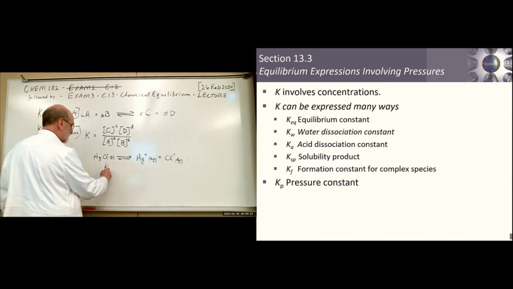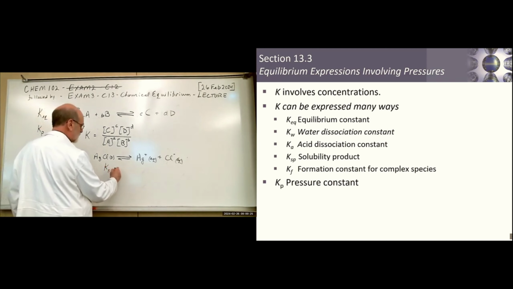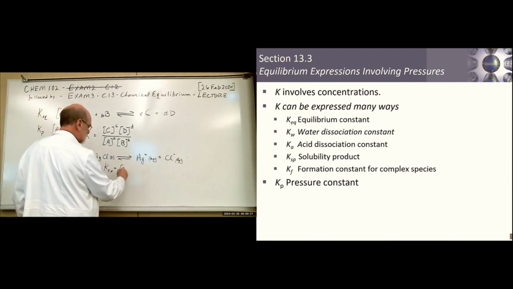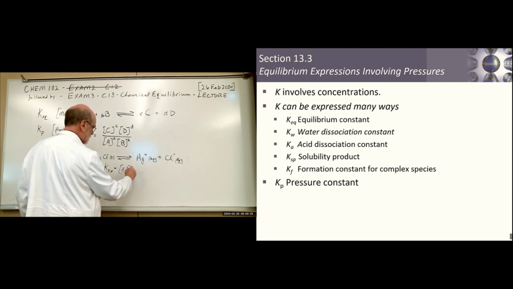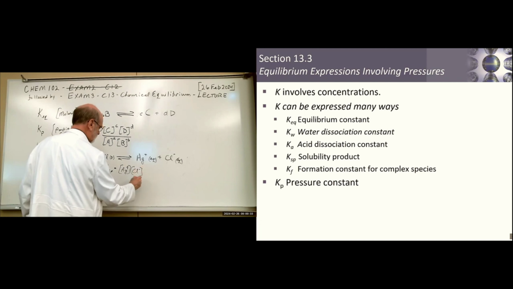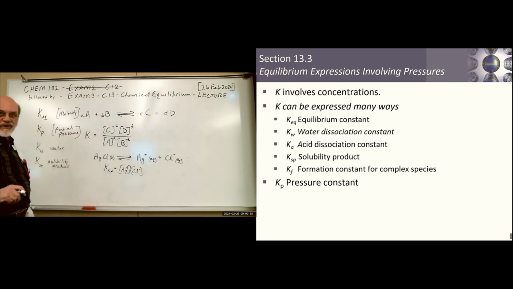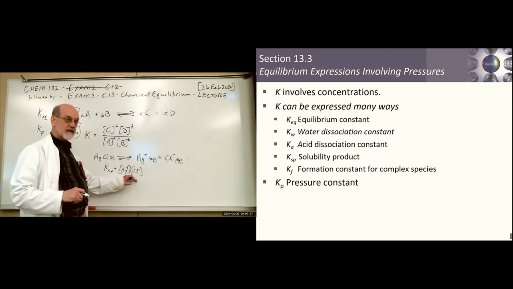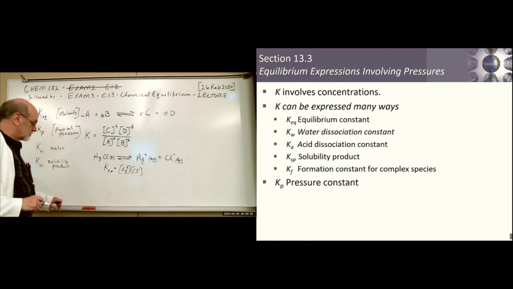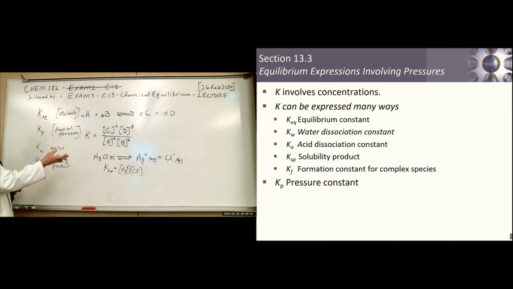That means the solubility product for this expression would simply be silver and chloride. That's why we call it the solubility product. It's only a product of these two ions and their first power because of the equation. But that's what KSP stands for.